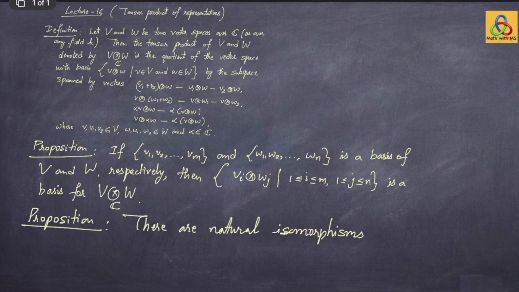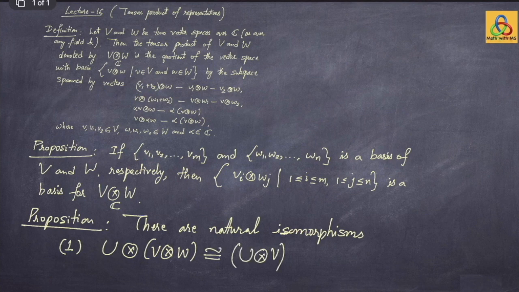Notice that for convenience we will not write C in the subscript very often. Let's observe another property of tensor product which is useful in representation theory. There are natural isomorphisms between these vector spaces. U tensor V tensor W is isomorphic to U tensor V and then tensor it with W. Second, the tensor product distributes over the direct sum.